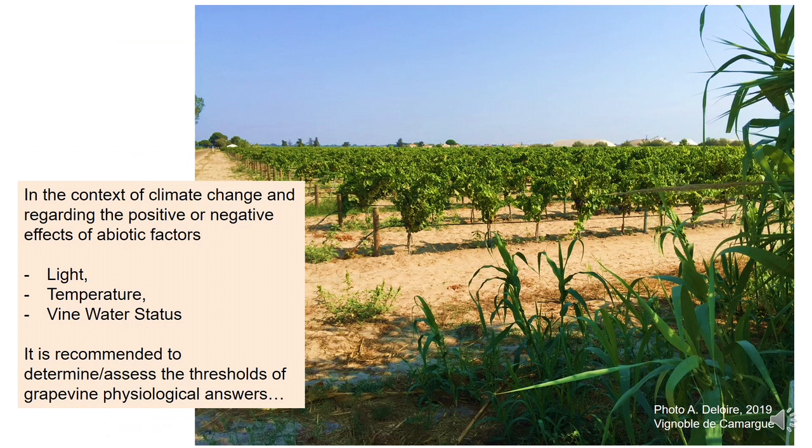While studying the effect of abiotic factors on vine functioning, it's important to determine the thresholds of light, temperature, and water, in terms of vine water status, on vine functioning. It means that it's important to determine when those factors are positive and when these abiotic factors start to be a problem in terms of vine functioning.